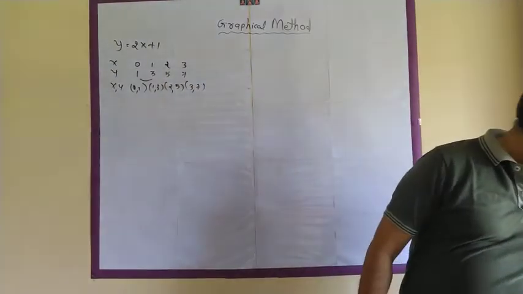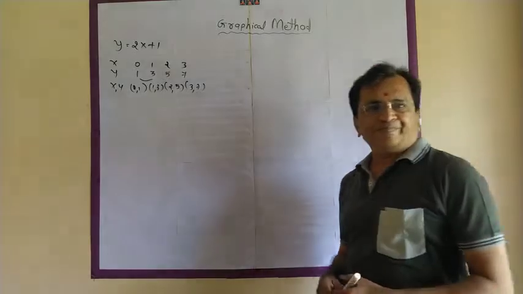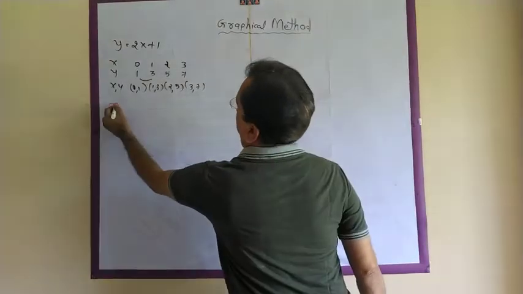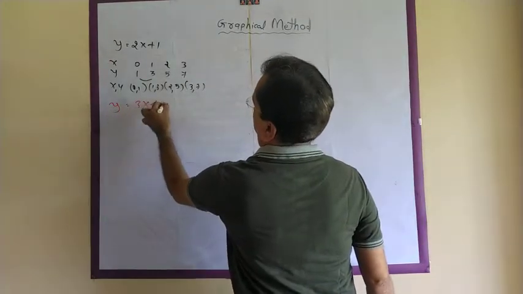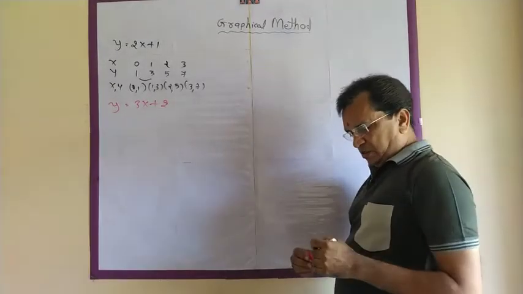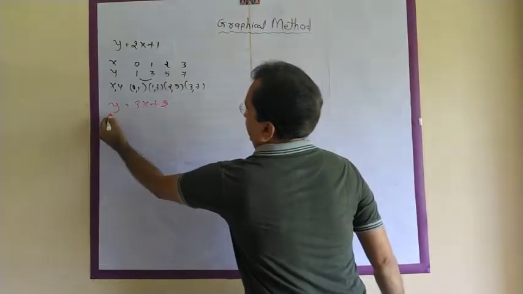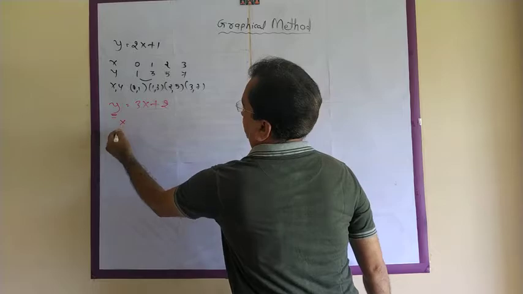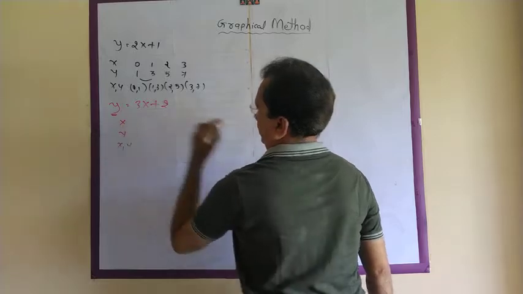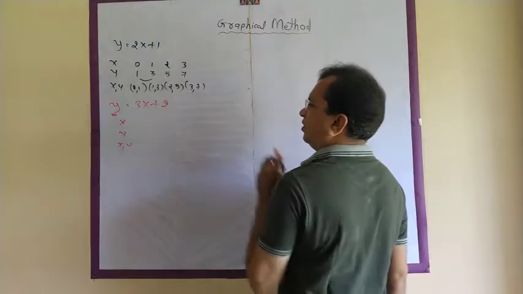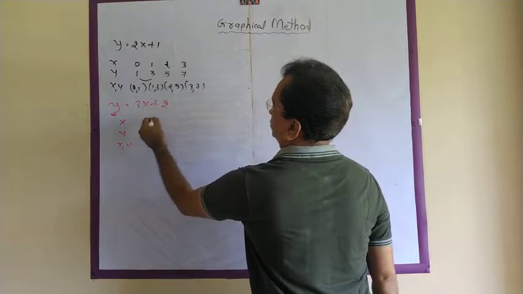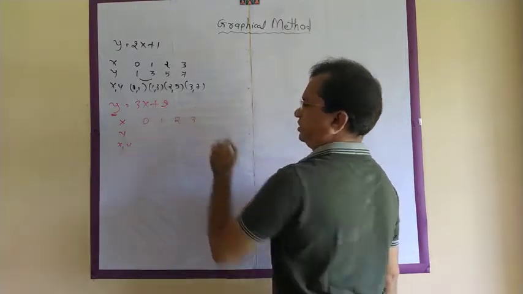One more example I will take. For example, y is equal to 3x plus 2. Again it is in the form of y. So take x, y, x, y. You will take x is equal to 0, 1, 2, 3.